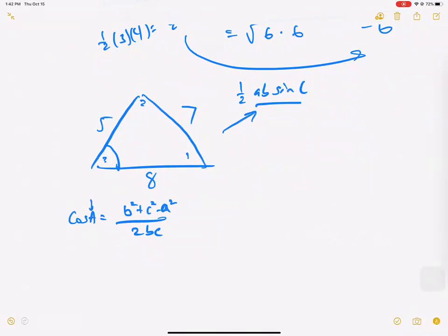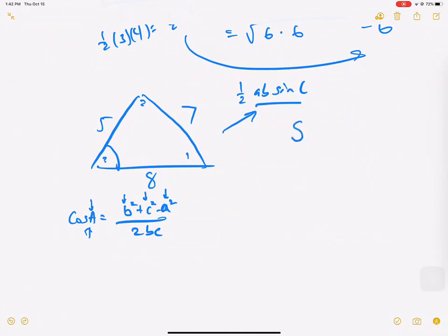If I'm looking for A, don't go to A first. You remember it's always B and C minus that A all over 2BC because I have 2 sides. If you want to do this, you can plug that in a calculator, solve for angle A, and then use our original sine formula. But as a practice, let's go ahead and just do Herons.